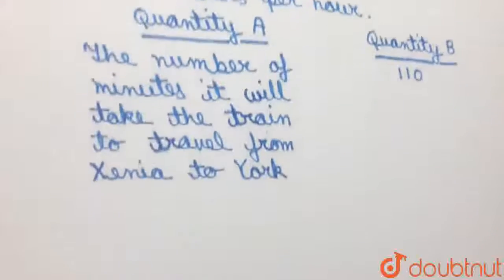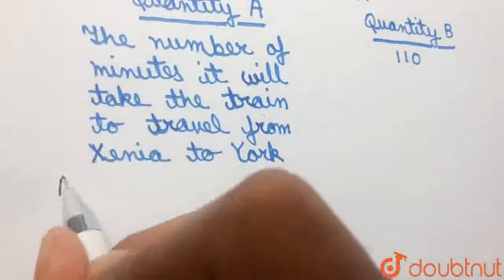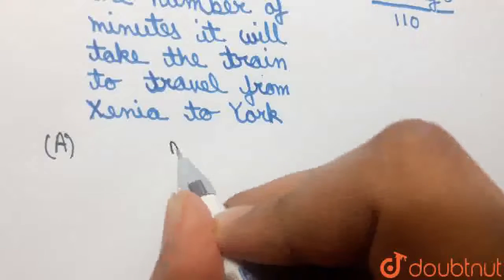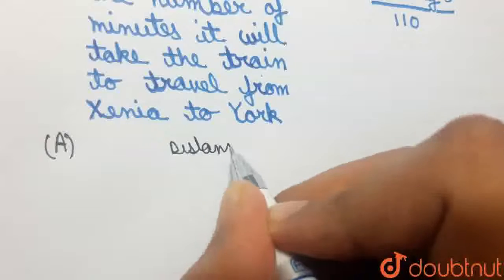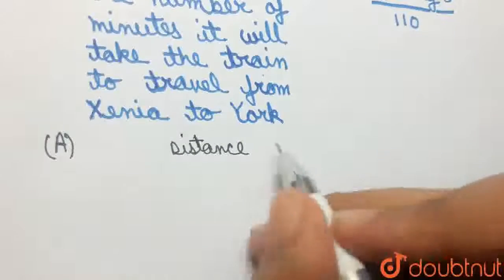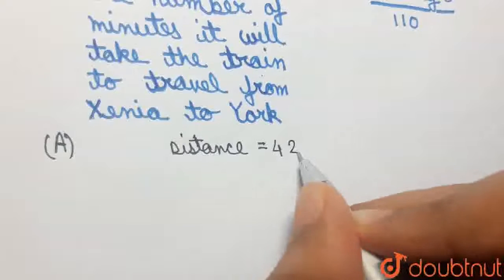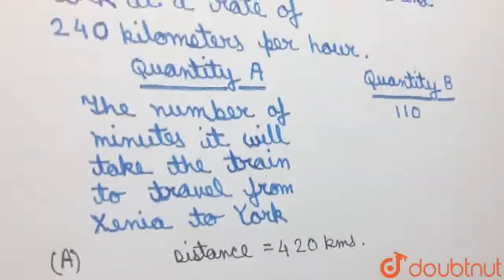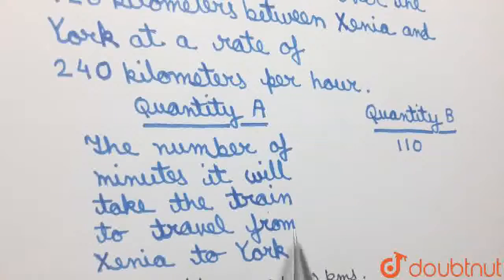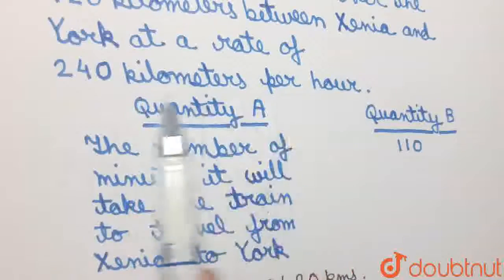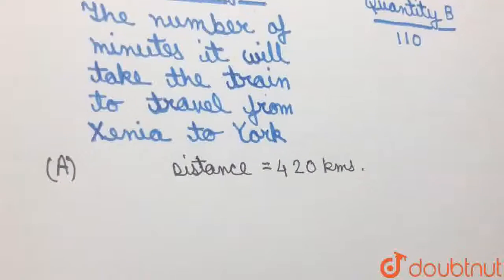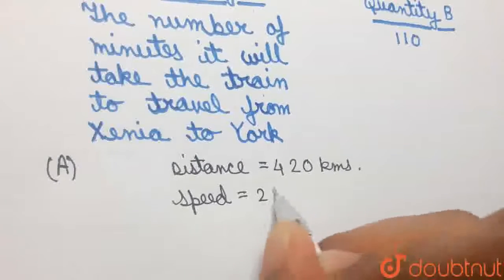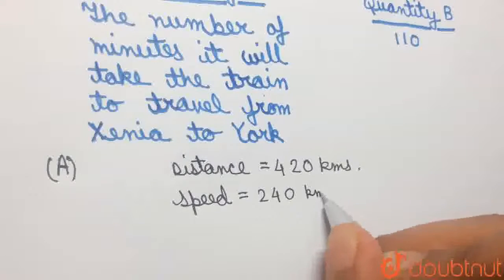So the distance that the bullet train has to cover in order to go from Xenia to York as per the question is equal to 420 kilometers. Now it has also been said that the rate or the speed of the bullet train is 240 kilometers per hour. The speed at which the bullet train runs is equal to 240 kilometers per hour.